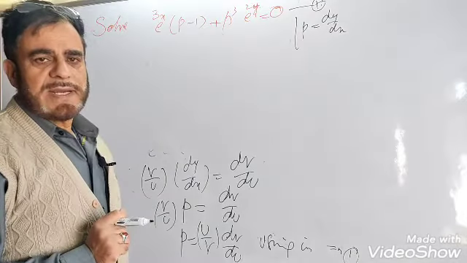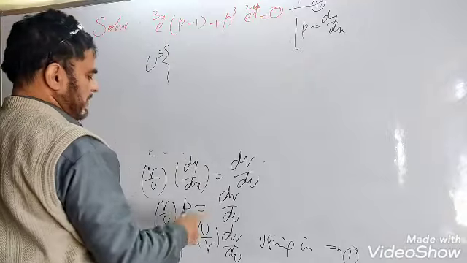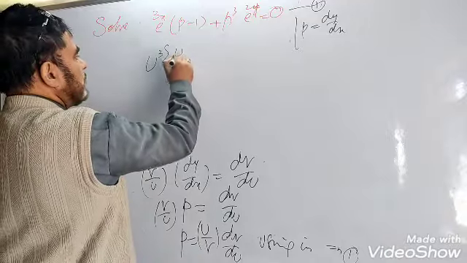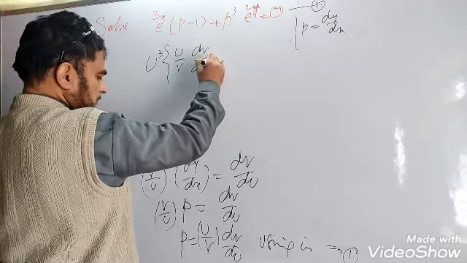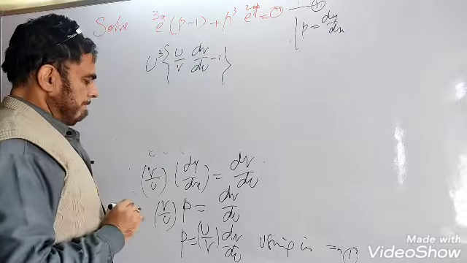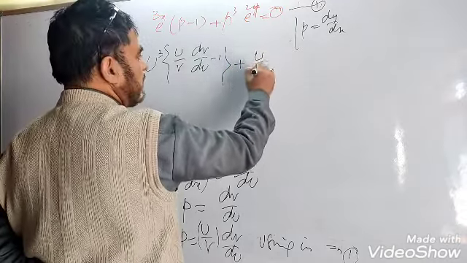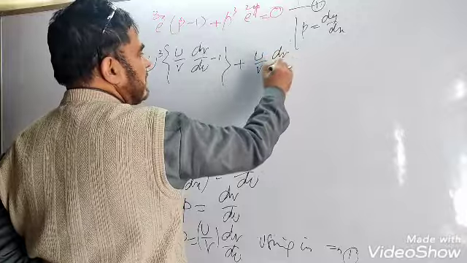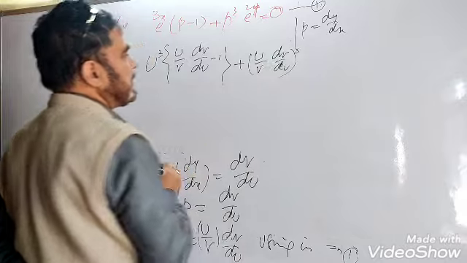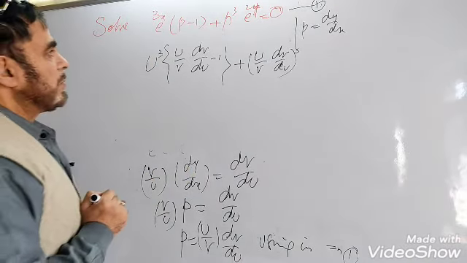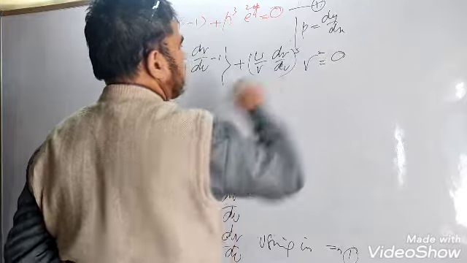When you put e raised power x as u, this will be u cube. Then your p is u by v dv by du, minus 1, then plus p cube, which is u by v dv by du whole cube, e raised power 2y, which is v square, is equal to 0.